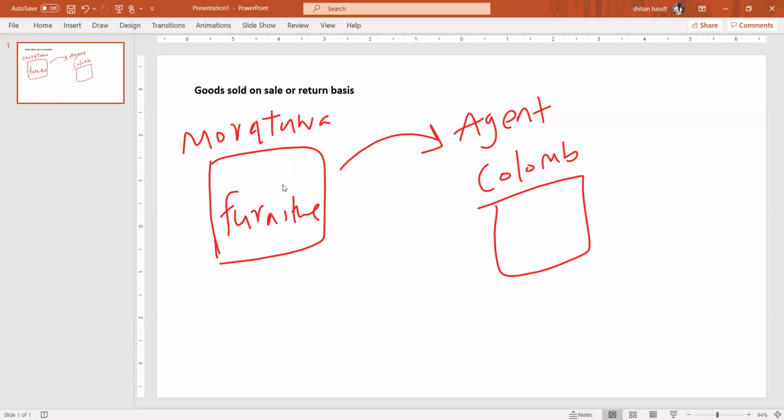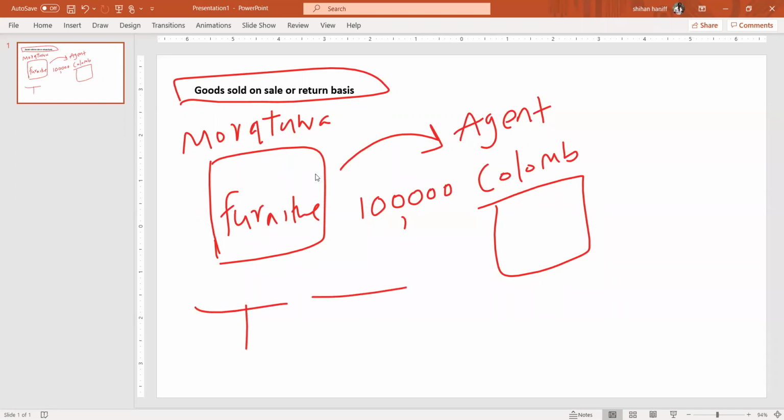They sell 100,000 worth of furniture on the condition of sale or return basis. So the Moratuva Furniture Company gives the stock to the agent, and they will record this as sales. What is the double entry? Debtors account debit, sales account credit.